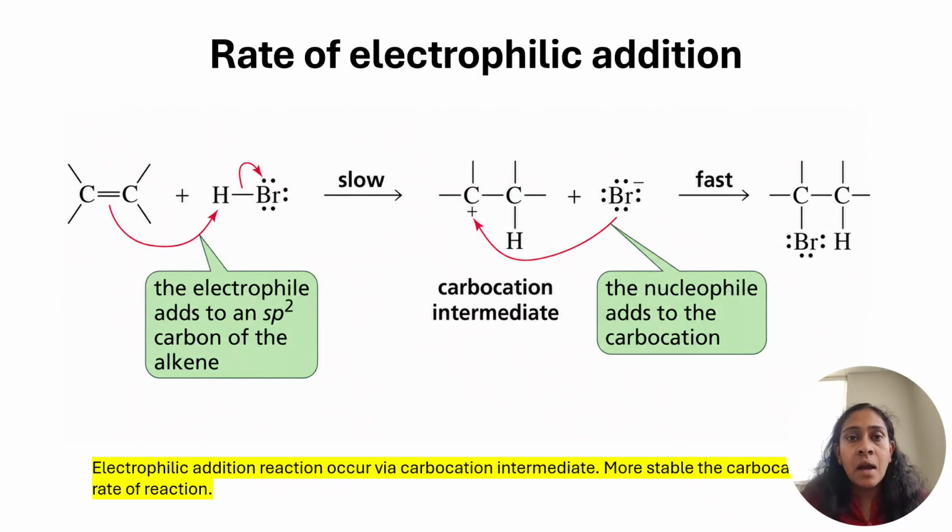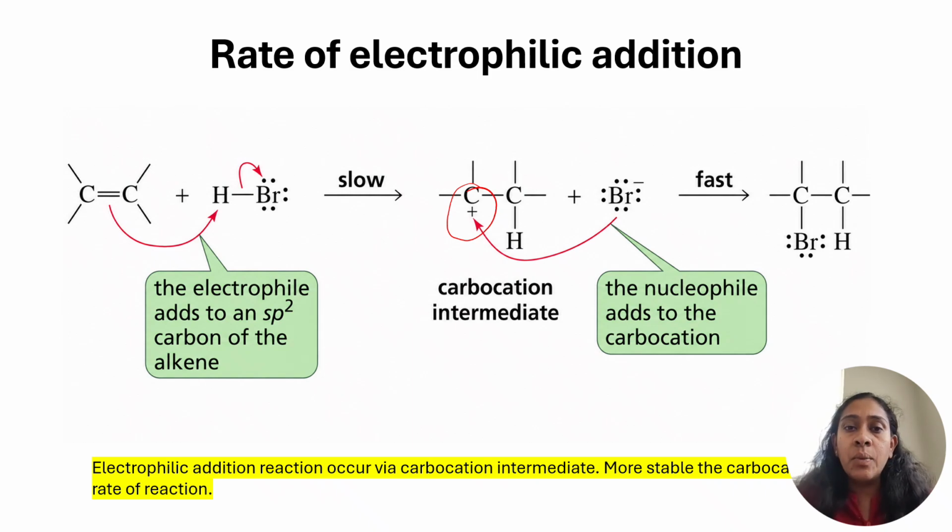Now let's connect carbocation stability with the reaction rate. Remember that the slow step of the electrophilic addition is the step in which the carbocation is formed. Therefore, the stability of the carbocation intermediate has an important effect on the reaction. In general, a pathway that produces a more stable carbocation is energetically more favorable than a pathway that produces a less stable carbocation.